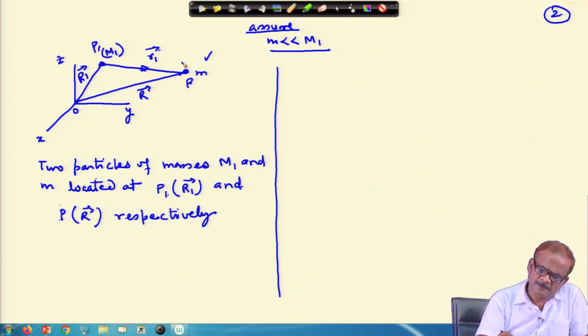we can get the potential due to the main body, the particle m 1.